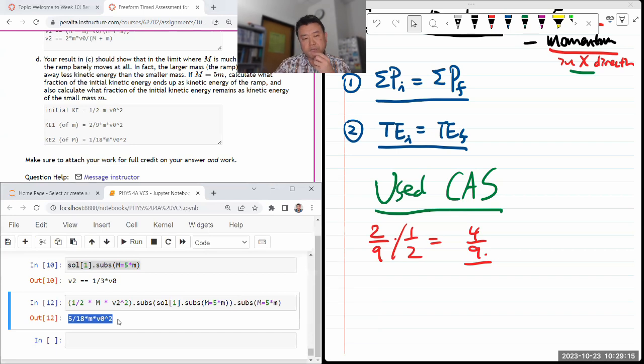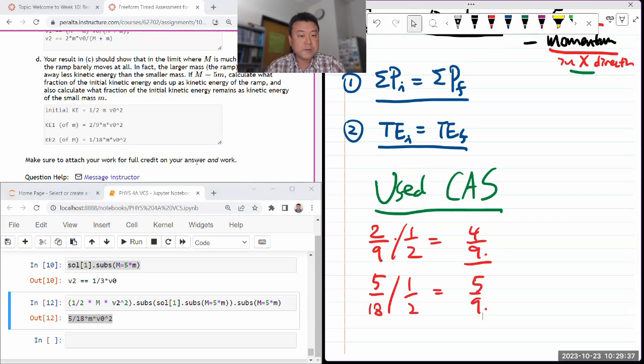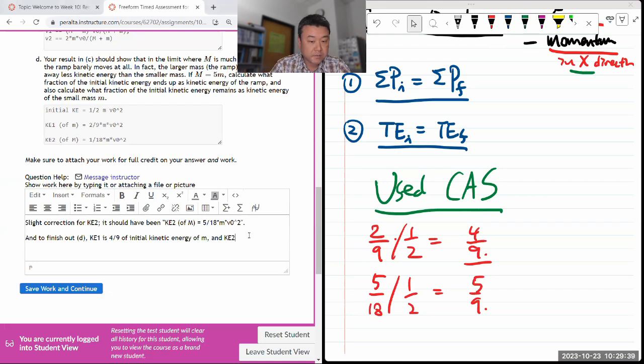It doesn't feel quite right, but it might be that the limit where m is 5 times mass is actually not quite enough. But to finish this up, 5/18 divided by 1/2 is 5/9. So at least that's what one would expect. And K2 is 5/9 of the initial kinetic energy of M.